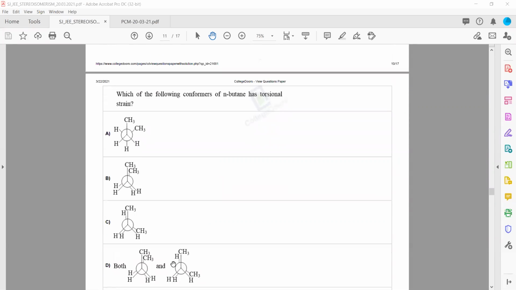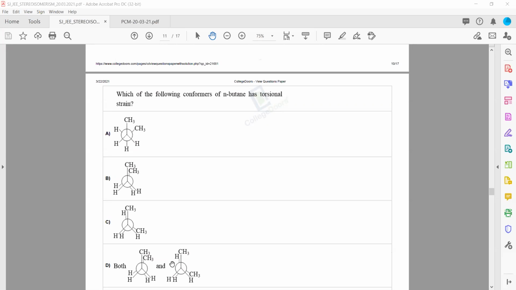Next. Which of the following conformers of n-butane has a torsional strain? In which conformation do we observe the torsional strain? I thought torsional strain is in cyclic molecules. No, we can have torsional strain in open chain compounds also. If you look at the definition, it was very much important for cyclic molecules, but it can be observed in the eclipse conformation as well.